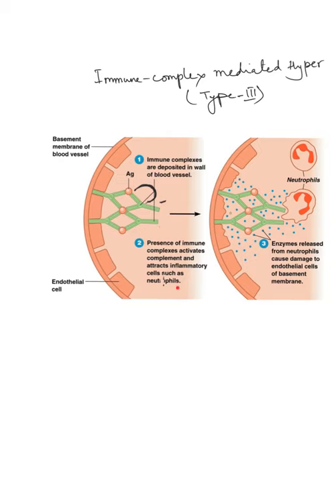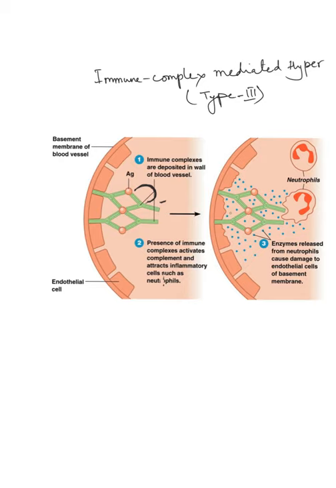So when these neutrophils come to the site, look here, they try to phagocytose these immune complexes. But since the immune complexes are large and attached to the basement membrane, in an attempt to phagocytose them, the neutrophil fails and starts to release enzymatic granules, and these granules then damage the nearby tissue, producing a disease or tissue destruction.